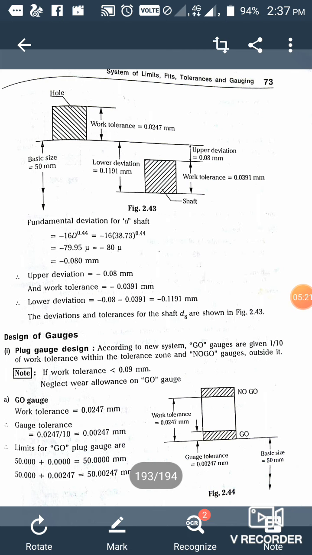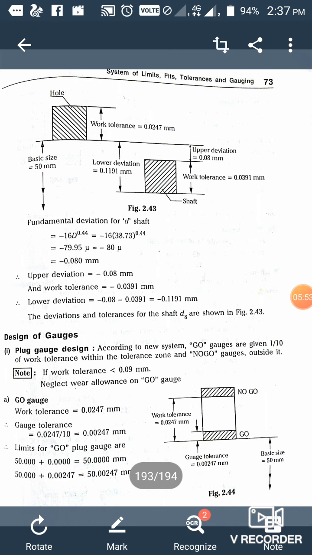All these work tolerances and deviations should be in minus because they are always below the horizontal line, that is the basic size. Now the lower deviation is the upper deviation plus this one, both are minus, so you will get minus 0.1191 mm.